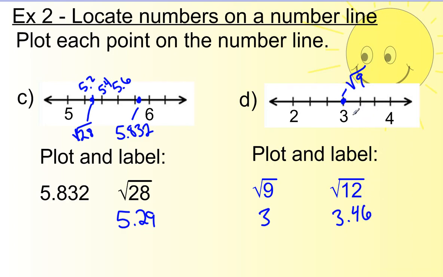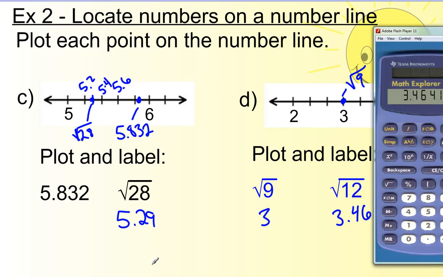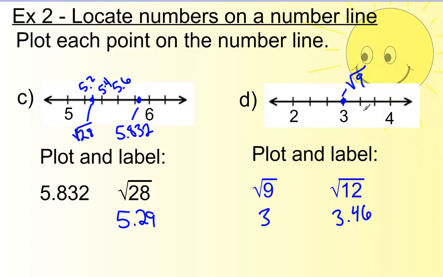Alright, let's look at their scale. From one number to the next, there are 3 spaces. So one number is being divided by 3. That's how big each space is, 0.33. So this would be 3.33 and 3.66.